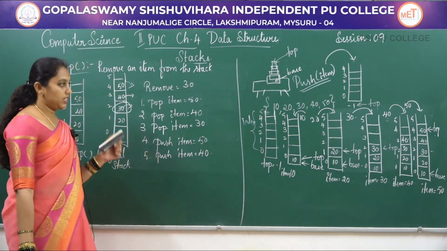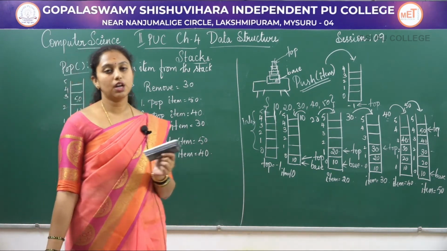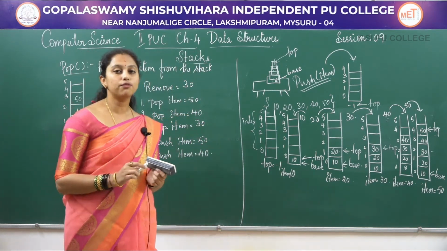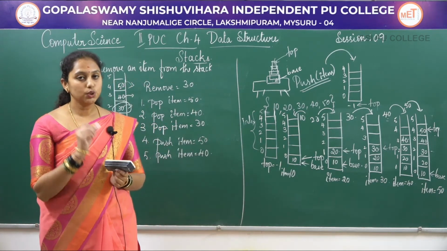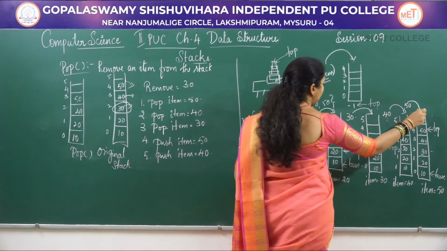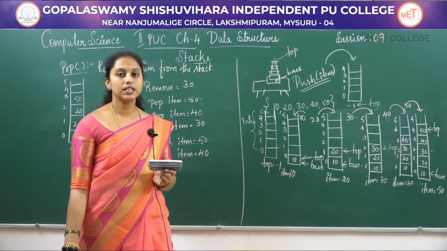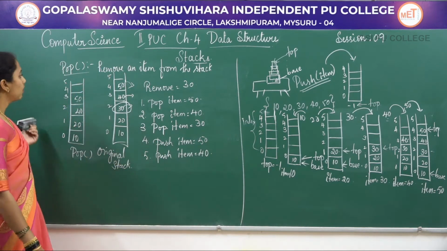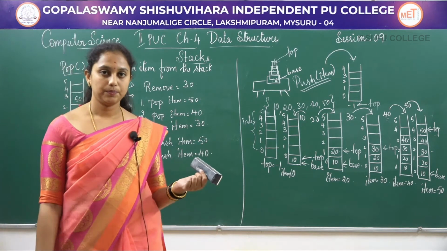Using the push function, we add an item into the stack, and using the pop function, we remove an item from the stack. New items are nearer to the top of the stack and the older items are nearer to the base of the stack. So now let's see what operations we can perform on a stack.